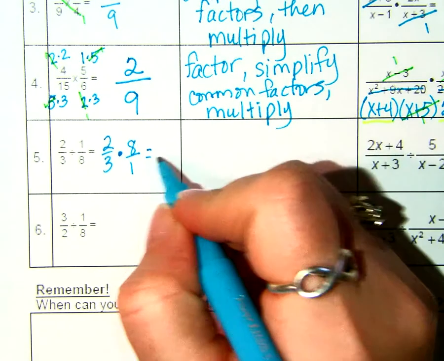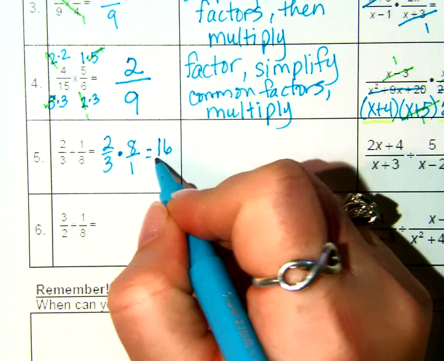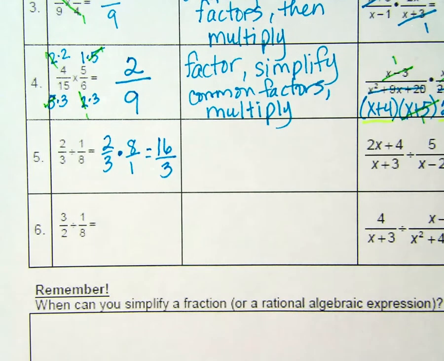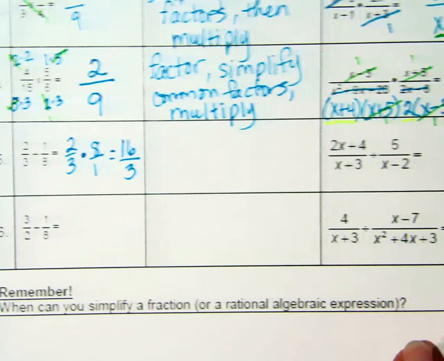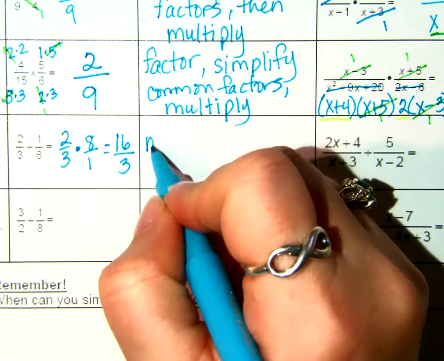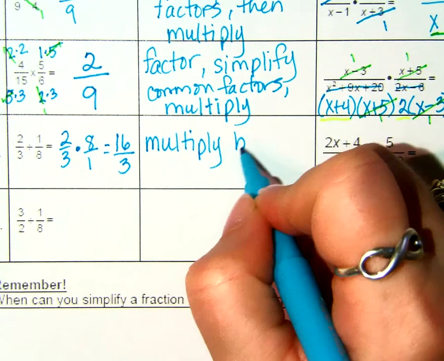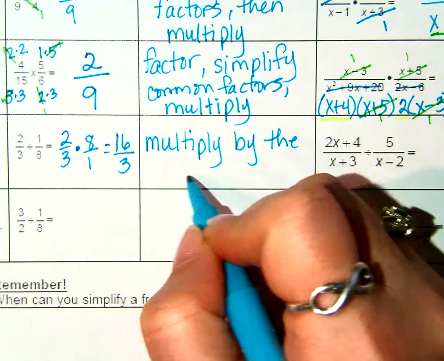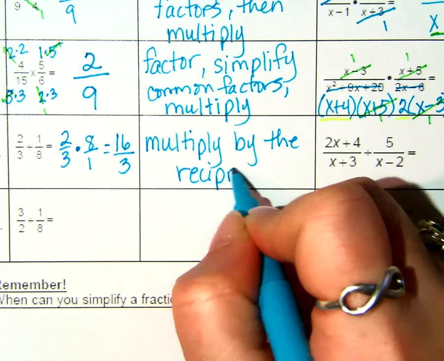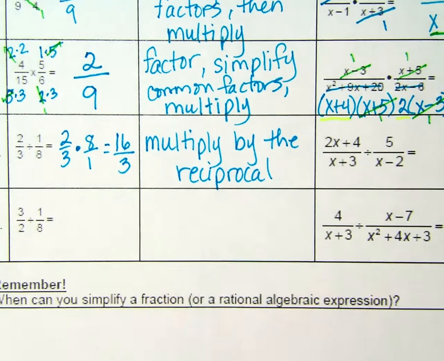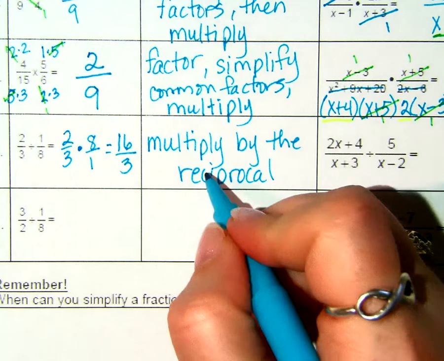What do we get? Multiply straight across. 16 over 3. Exactly. So what steps did we take? We multiply by the reciprocal. Okay? Multiply by the reciprocal.